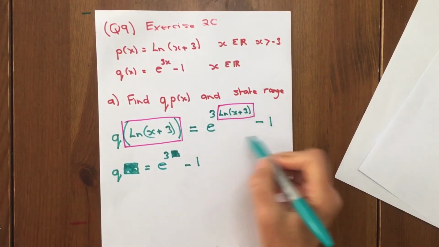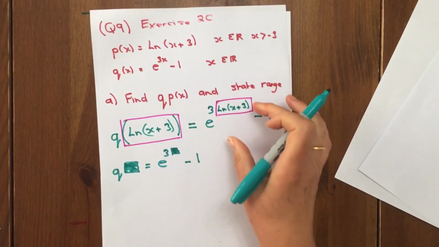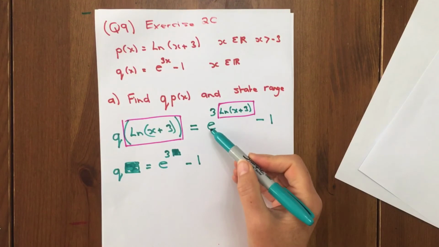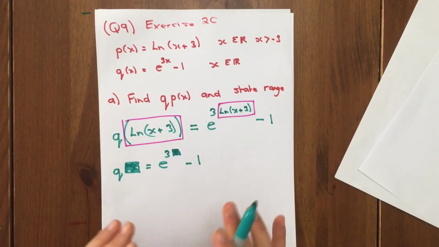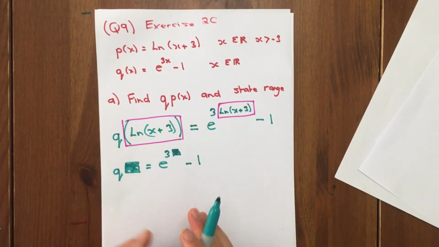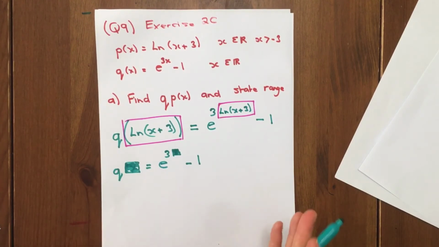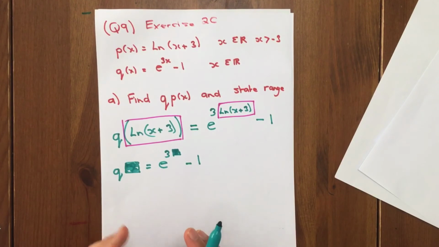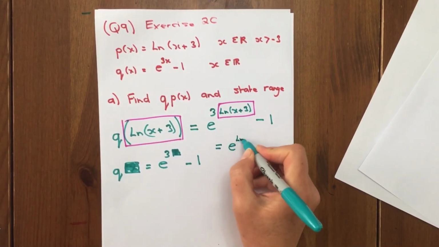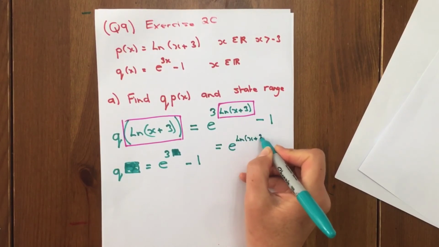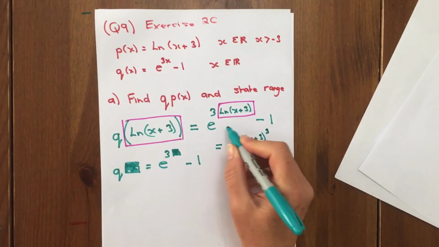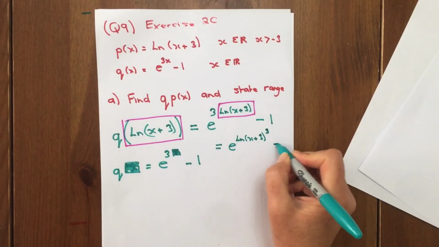Okay, can we simplify this at all? Because this would be difficult to find the range from what it looks like here. Now remember, e and ln are inverse functions of each other. Like squaring and square rooting are inverse functions. Adding and subtracting are inverse functions. Now, one of my rules of logarithms is that I can bring the 3 up here because it's outside, to make it cubed.